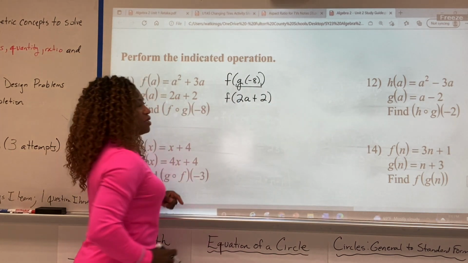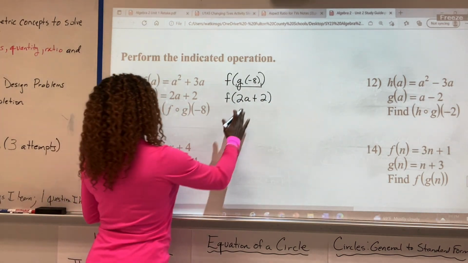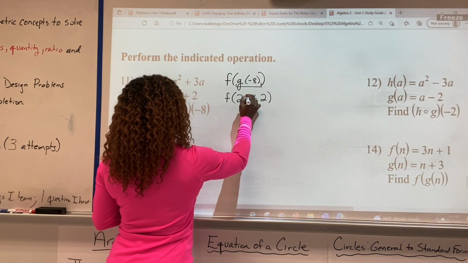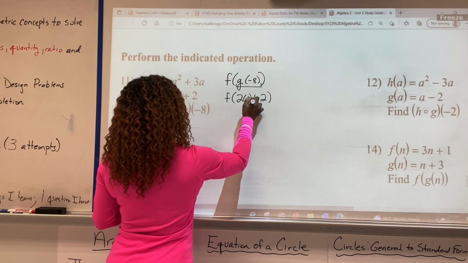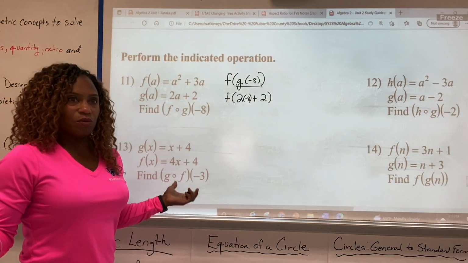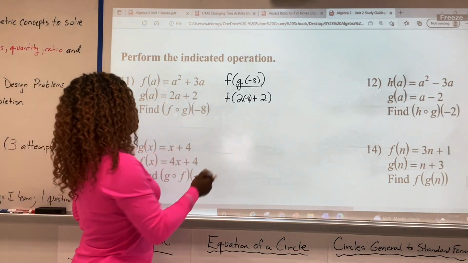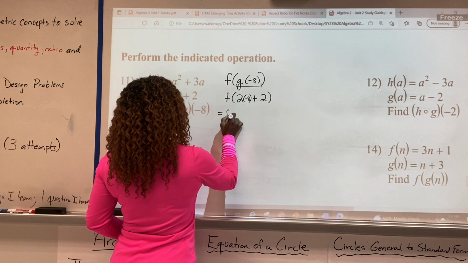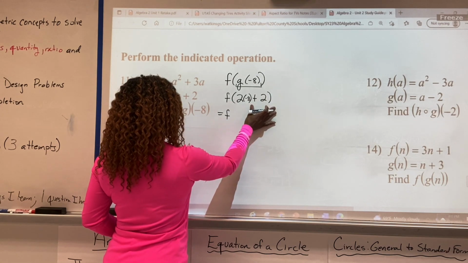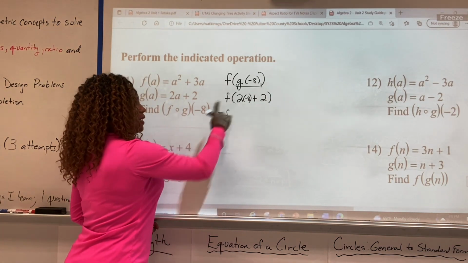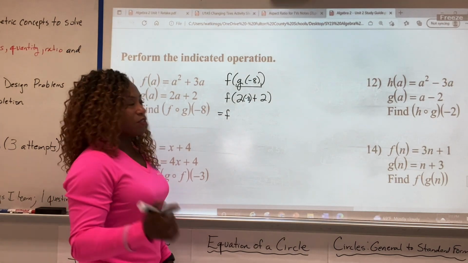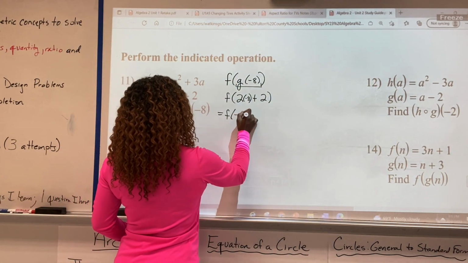But it says to replace the variable with -8. So let's do that. I'm going to erase the a and put -8. Now I've got just straight arithmetic. I'm going to work out the part in the parentheses. So this gives me f of whatever I get when I work this out. 2 times -8 is -16, plus 2 is -14.